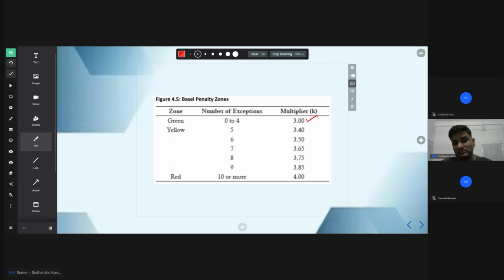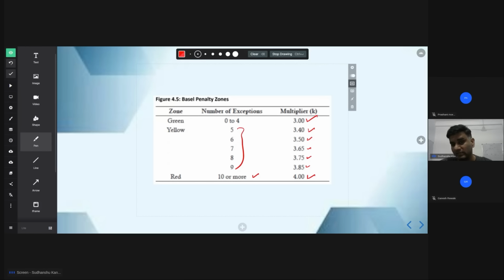Now, when you are in the yellow zone, which is 5 to 9, you see how the value is 3.4, 3.5, 3.65, 3.75, 3.85. The model might be inaccurate. There is a minor penalty, which keeps on increasing. And then there is a red zone, which is 10 or more, where the multiplier is 4. The model is unreliable, and there is a major penalty.